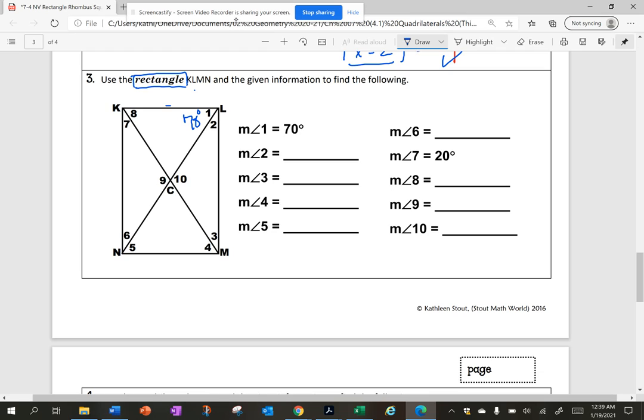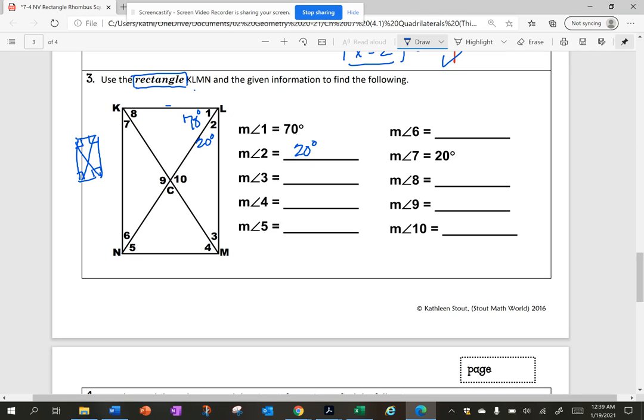When I have a rectangle, I know the angles are all 90 degrees. So if this angle is 90 degrees, and angle 1 is 70 degrees, the two angles together total 90. I know 90 minus 70 is 20 degrees. So I know angle 2 is 20 degrees.